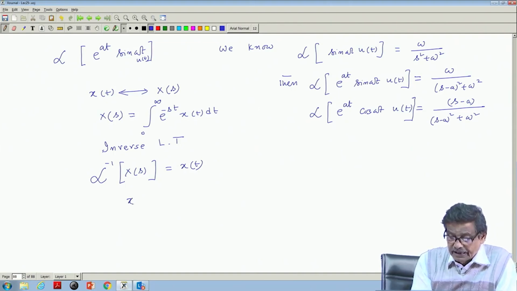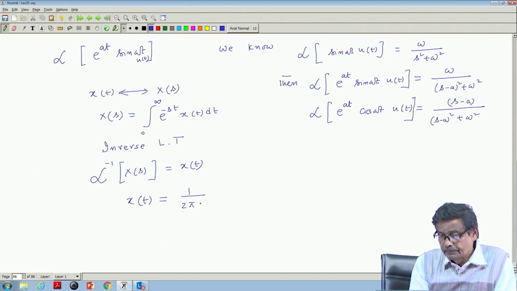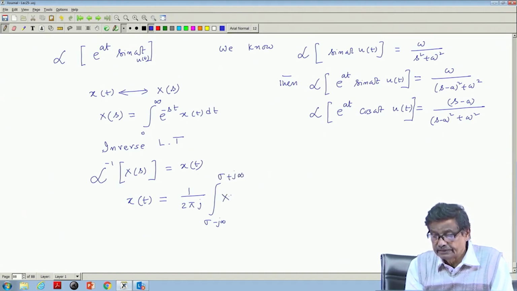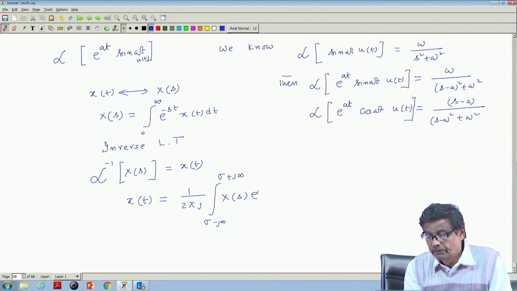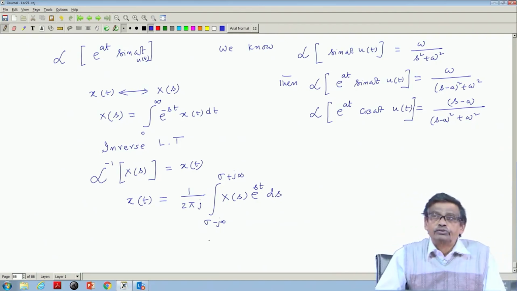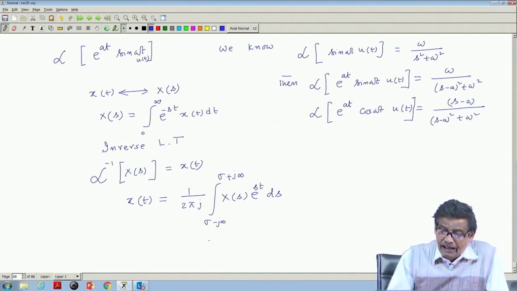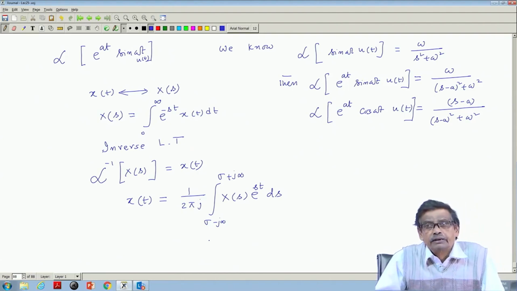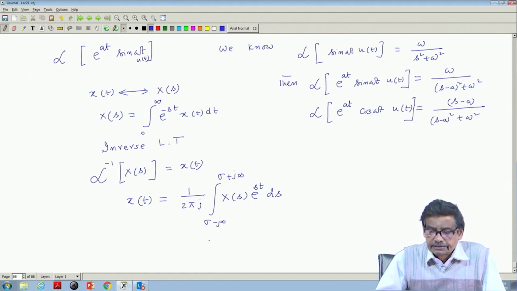It can be shown that x t is equal to 1 over 2 pi j, integral from sigma minus j infinity to sigma plus j infinity of x s into e to the power s t d s. So, if you integrate this function, which looks very complex, but anyway it can be done, you can get the corresponding time domain description of x s.